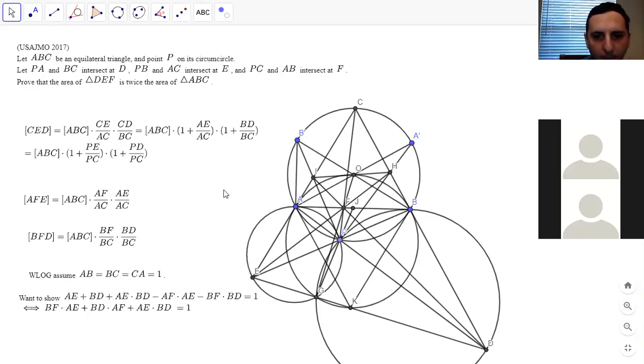Like I could divide this by, so we know the ratio AF over BF, but we don't know AF and BF by themselves, right?